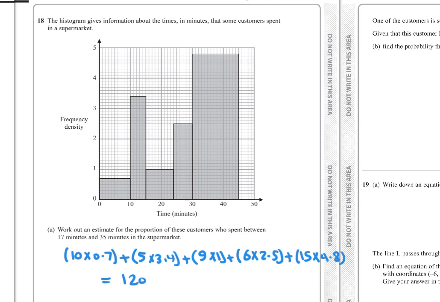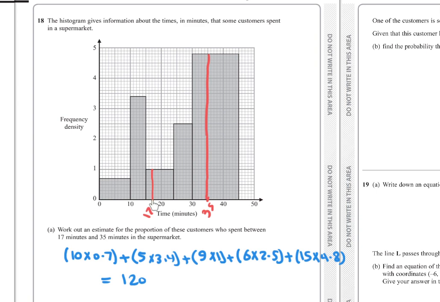Now I need the number between 17 and 35, so this is 17, and this is 35. So we need to find the number from 17 to 35.